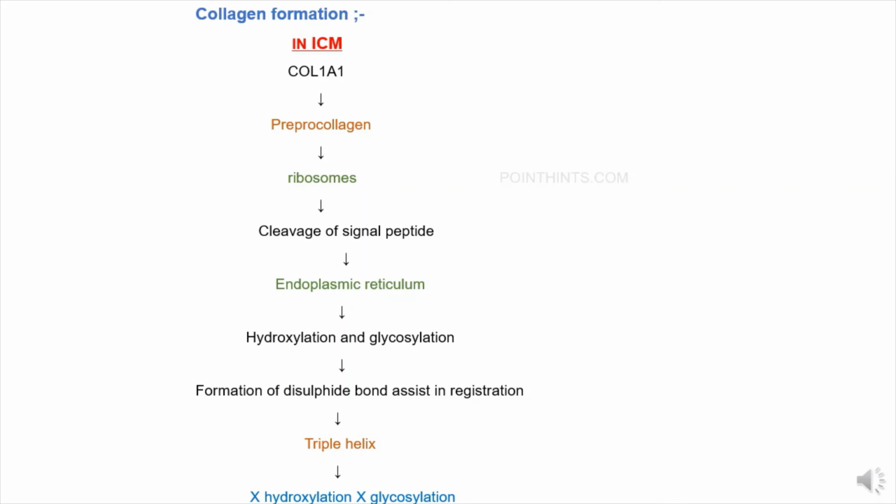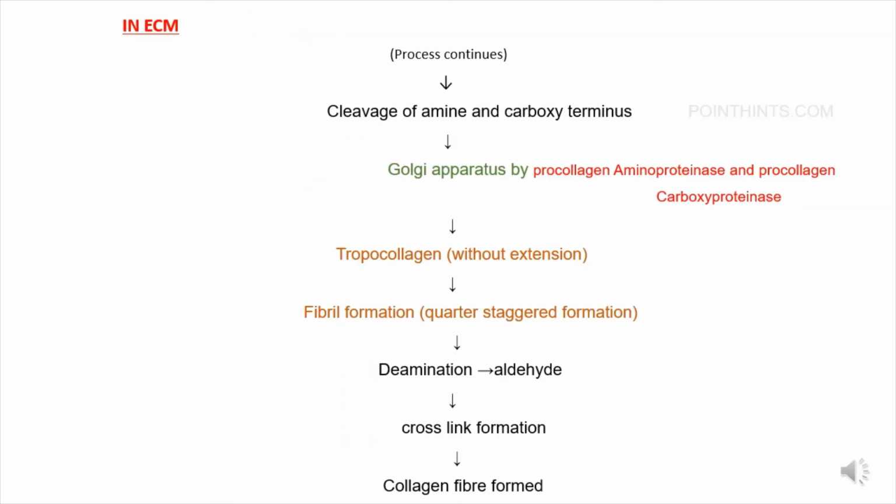This disulfide bonding assists the registration of alpha chains to form a triple helix structure. After the formation of the triple helix structure, no hydroxylation and glycosylation occurs. The above-mentioned steps are intracellular.